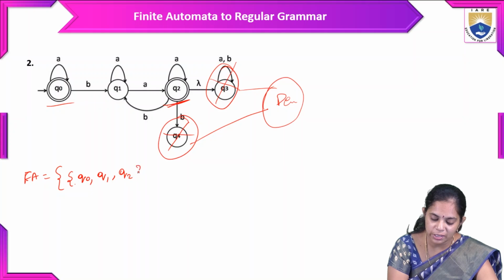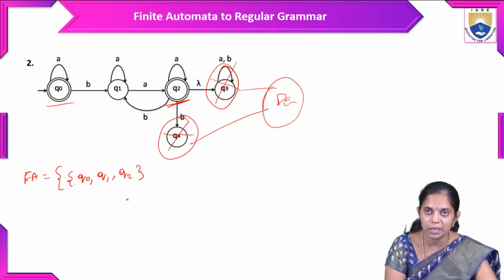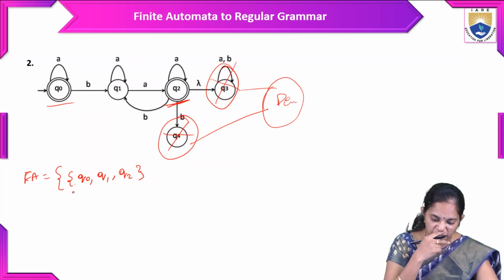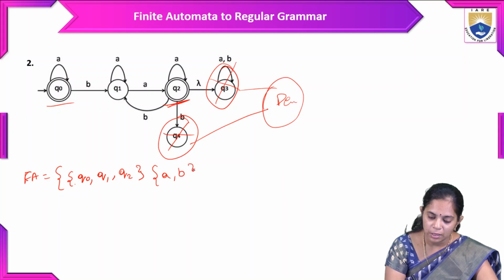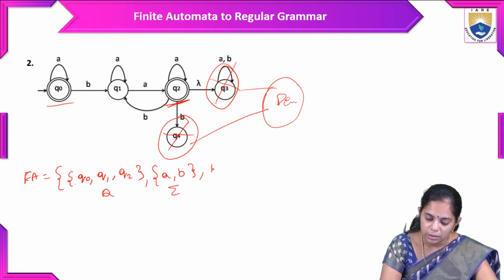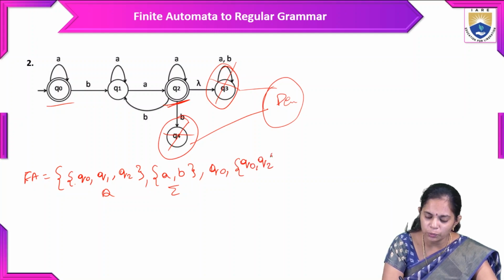We have three states after removing these two states, and we have the input symbols A, B, and only A, B. These are the Q, sigma, and Q naught is the initial state, and the final states are Q naught and Q2.